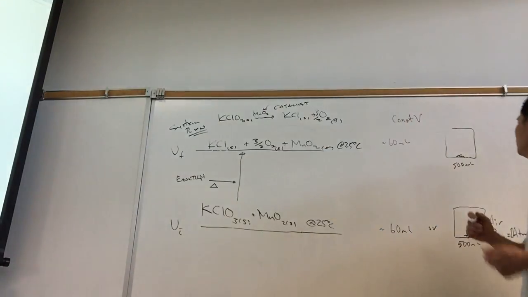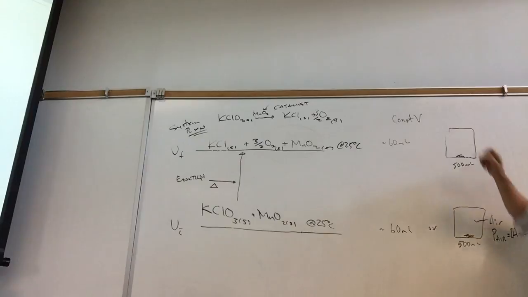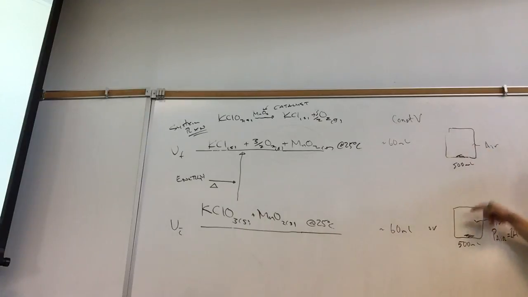Being at constant volume, our volume is fixed at 500. What we're going to do is we have the air in here. Nothing changed about the air. The air is still at 1 atmosphere.